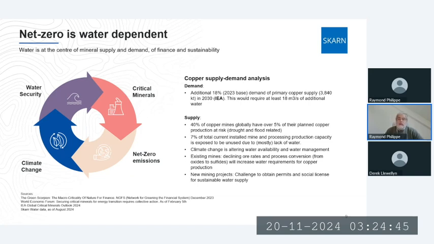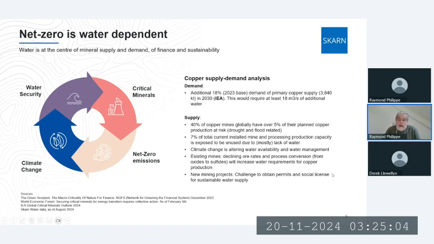As I mentioned, 40% of copper mines globally have already over 5% of the planned copper production at risk. And the total 7% of total installed mines and processing production capacity is exposed to that risk.